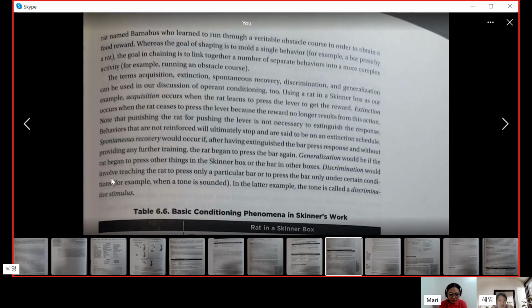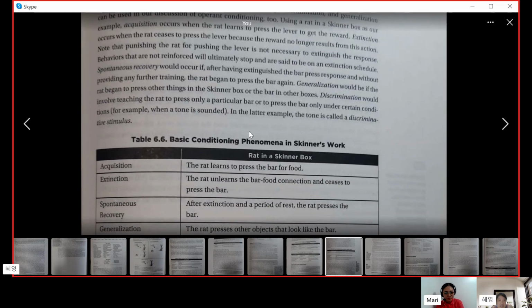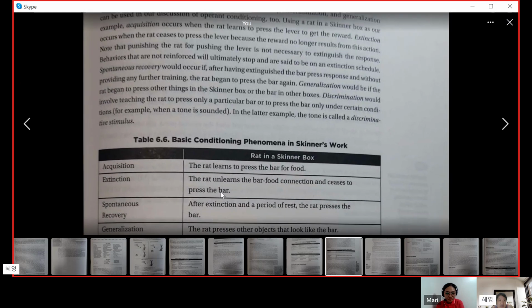Discrimination would involve teaching the rat to press only a particular bar or press the bar only under certain conditions. So these are discriminative stimuli.